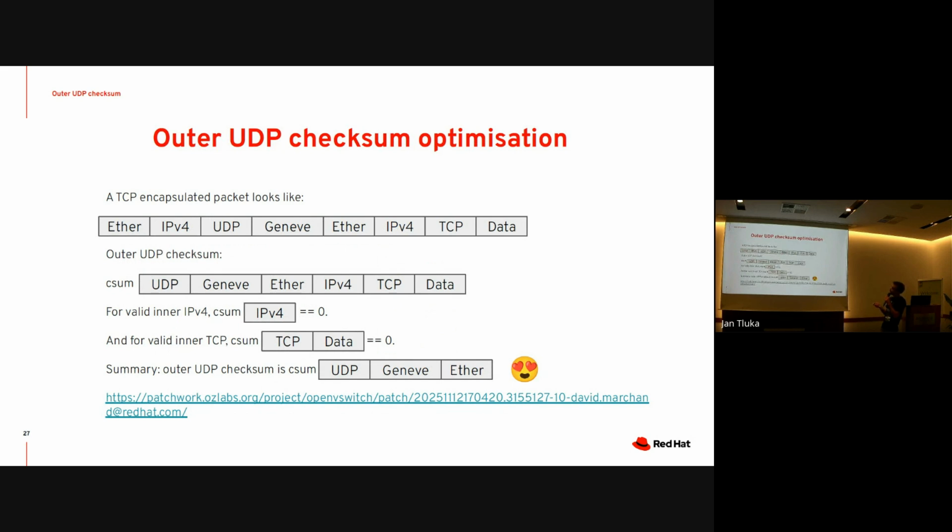But then you realize that if you do this as part of the packet, there will be a checksum in the IPv4 header, and if you do a checksum on this, it will equal 0. For the TCP and data payload, it's kind of the same. So it's a bit simplified, but let's say that if you just do a checksum on the TCP plus the data payload, then it's 0 as well.